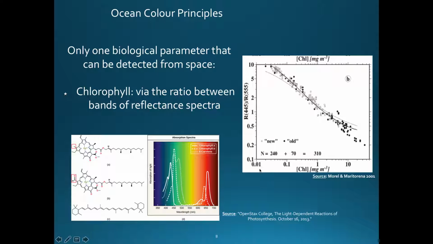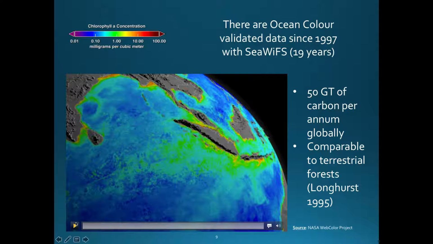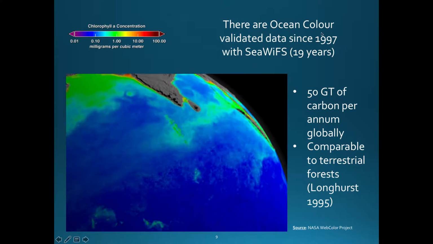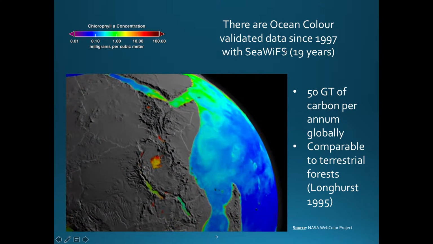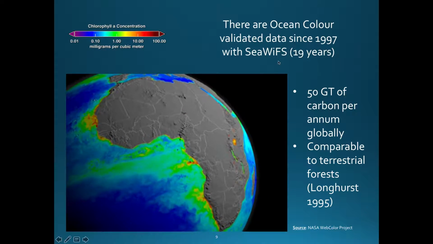And of course, for terrestrial plants, that means more plants, more trees. But for the oceans, the equivalent is algae, these phytoplankton cells. The data that we can retrieve from these techniques has been operational since 1997 with SeaWiFS, that was launched on board of the Seastar satellite, as it is called.